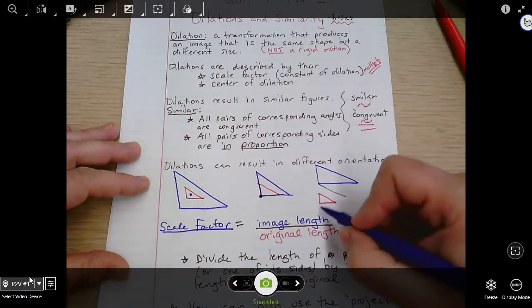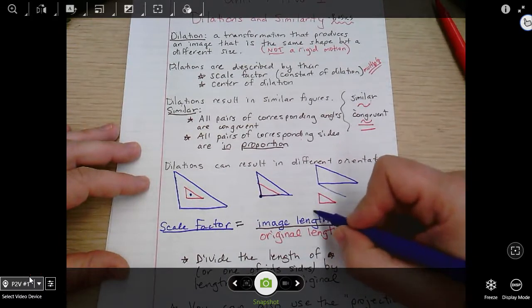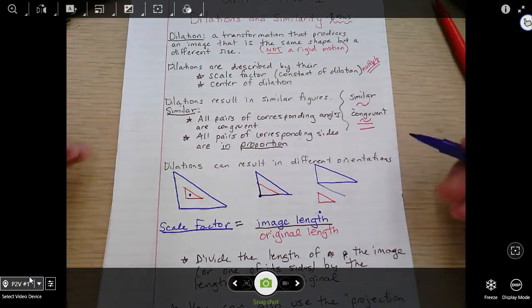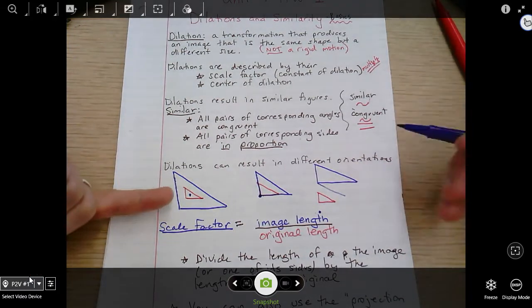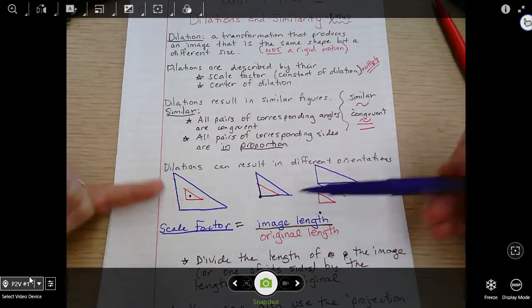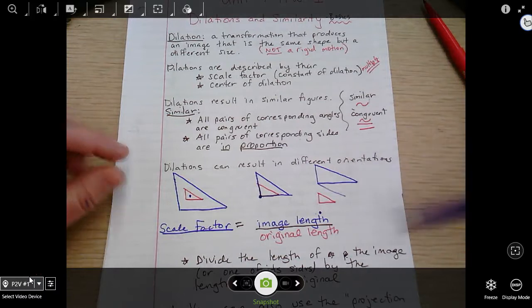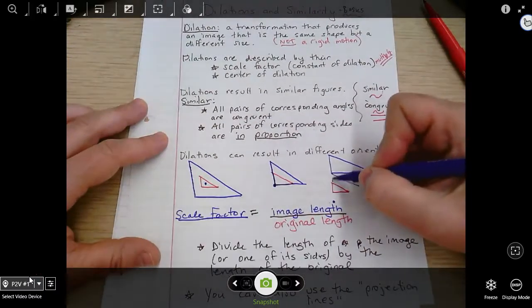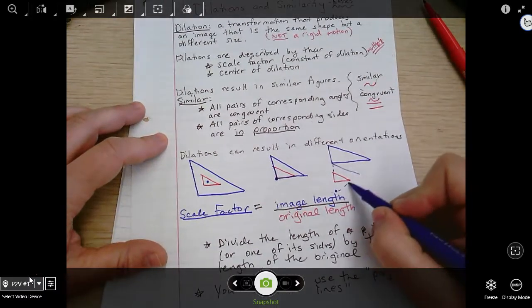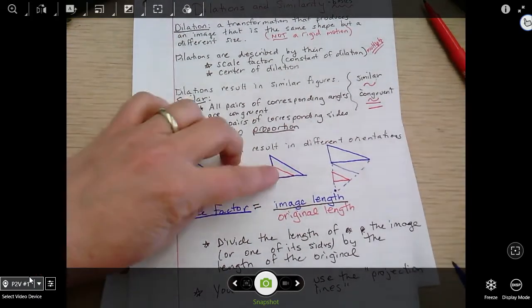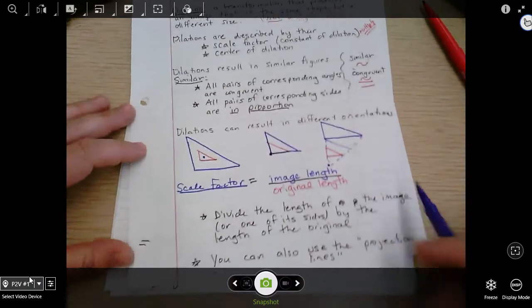But if the center is somewhere else, maybe over here, then the image will be completely separate or maybe slightly overlapping. So it's okay if you have partial overlap, or one is inside the other, or one is not on top of the other. There are different orientations that can result, depending on where the center is: inside, on, or off the figure.